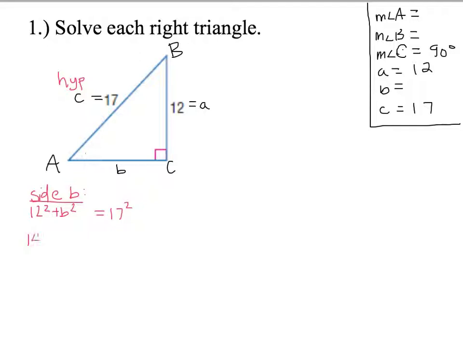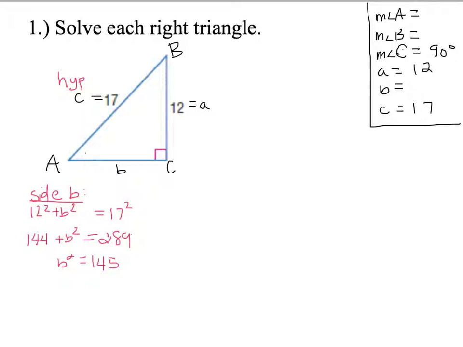We get 144 plus b squared equals, I think that's 289. Let me get my calculator. 17 times 17. Yep, 289. Subtracting 144 from both sides, we get 145 on this side.